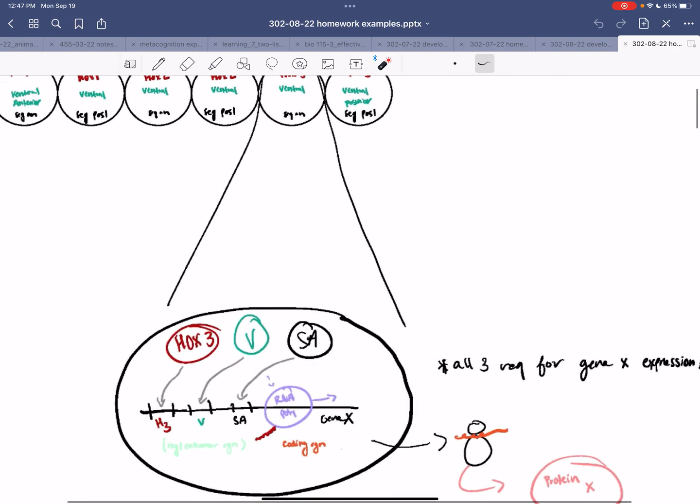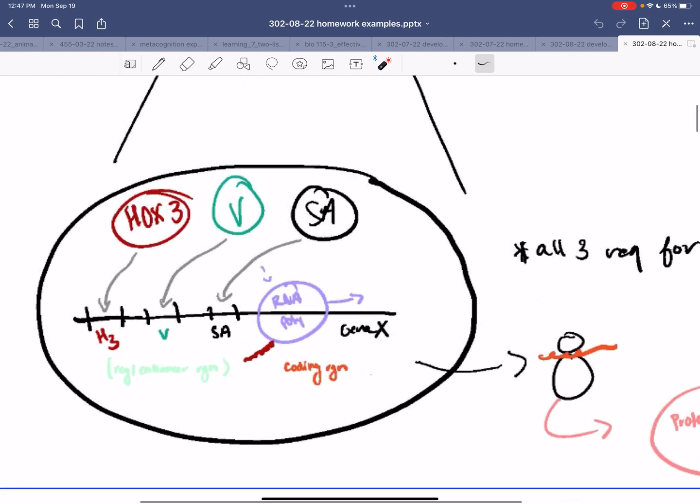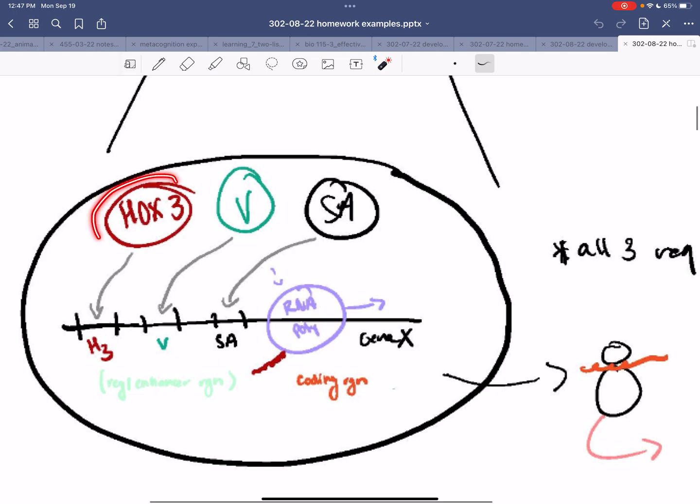So a gene with this structure, here's the gene. It's gene X, meaning it's going to produce messenger RNA for X and protein X. Gene X needs a binding site for Hox 3, for ventral, and for segment anterior. They all need to be enhancers, and they all 3 are required.